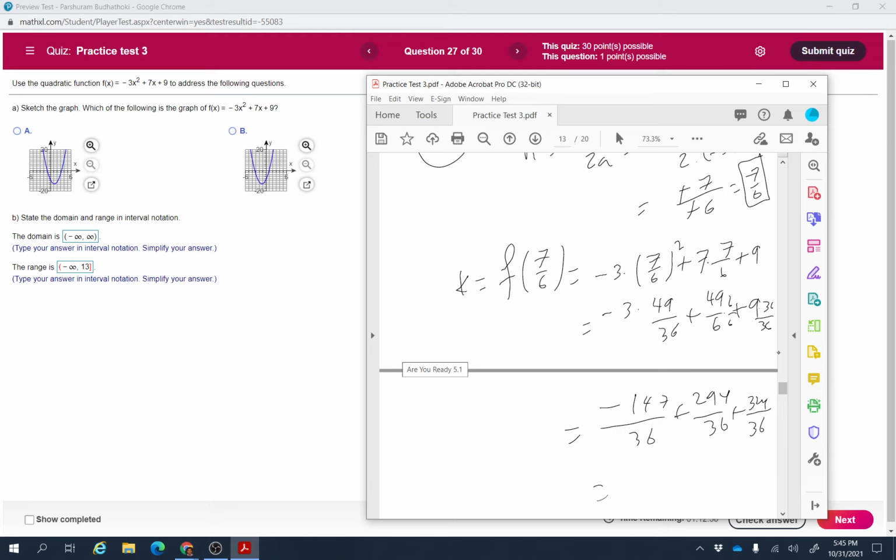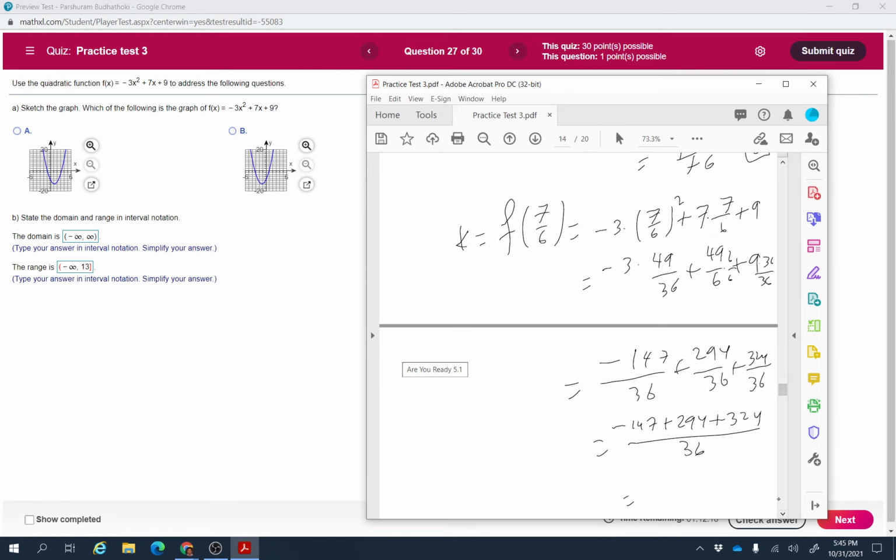So now if we add the numbers on top, negative 147 plus 294 plus 324 over 36, and let's do the simplification. 294 minus 147 is 147, plus 324 is 471. So that is 471 over 36.